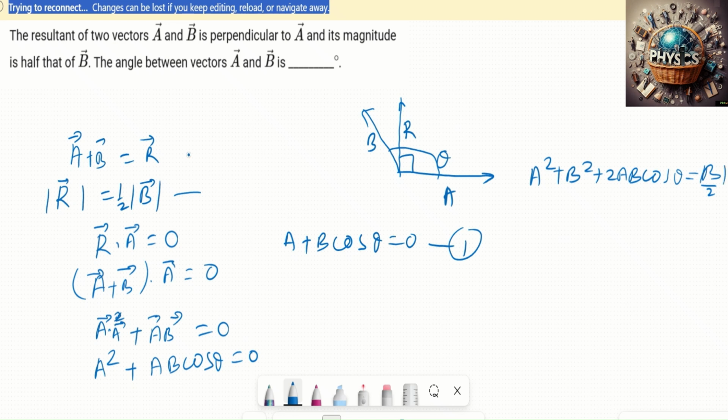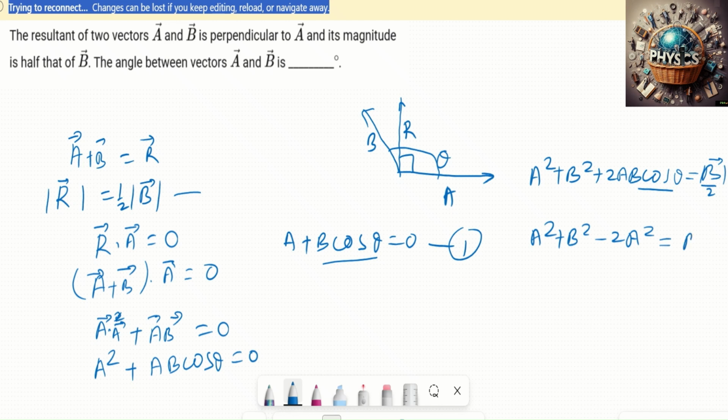Already from here, B cos theta is minus A, so we can replace B cos theta with minus A. So we get A square plus B square minus 2A square.